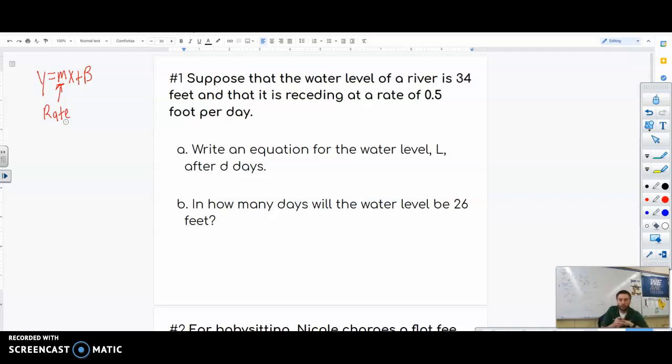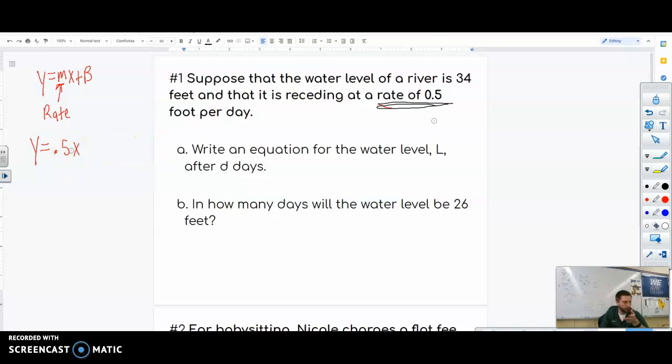That's a good indication that a value is my rate of change. In this problem, it says a rate of 0.5. It basically says, hey, look at me, I'm the rate of change. So after reading this, we already know that m is equal to 0.5, and that's in feet per day.